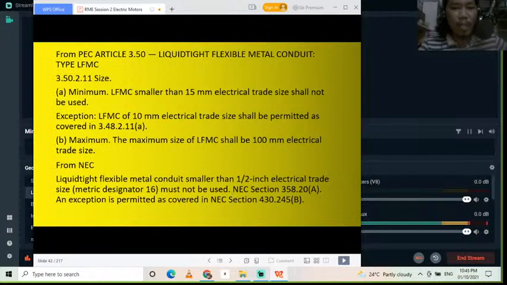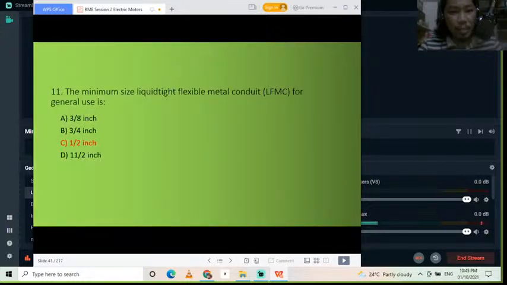According to National Electrical Code section 358.20A. So, ang tamang sagot po natin, 1/2 inch siya. According to National Electrical Code, tama yung 1/2 inch.